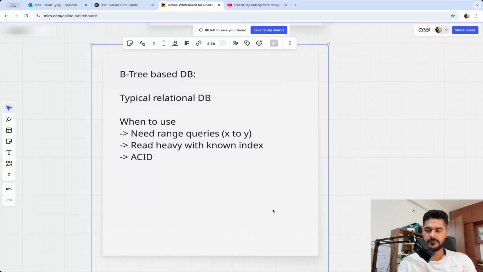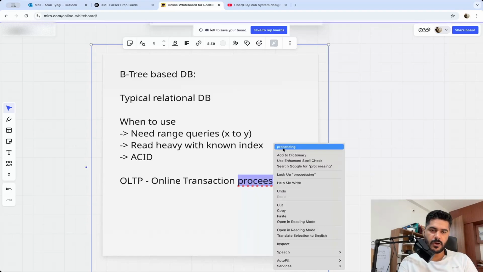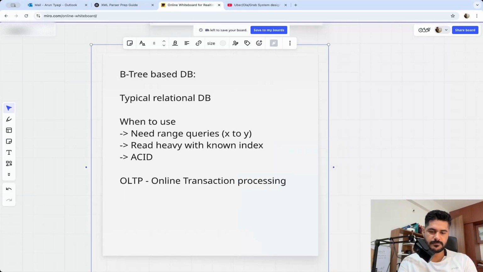And just to cover one last thing here, they also mention OLTP, that is online transactional processing. So all your DBs, say MySQL, PostgreSQL, and your others, all come in this category.